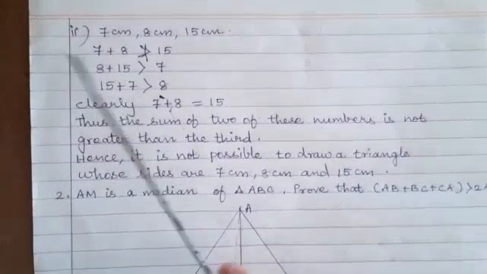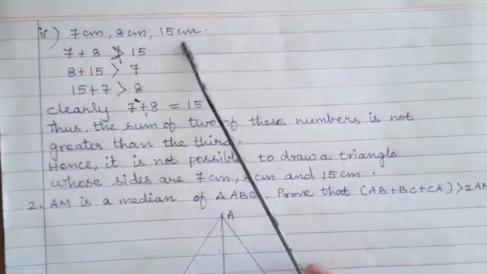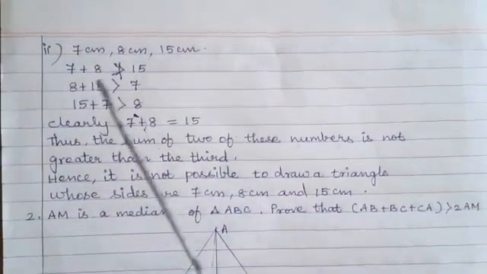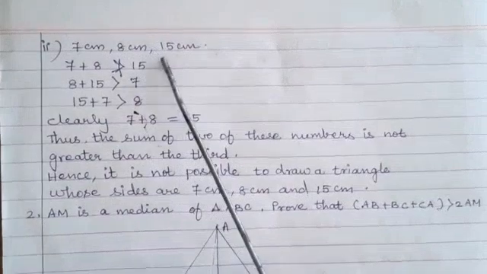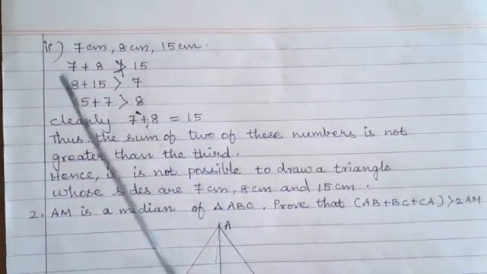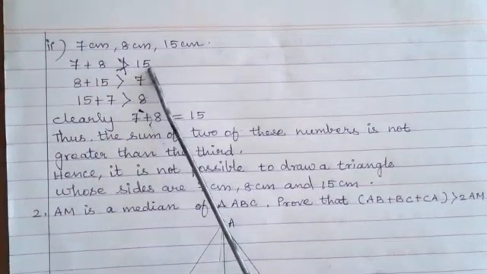Move on to the second question. See there, 7 centimeter, 8 centimeter, and 15 centimeter. Is it possible to construct a triangle or not? Now we will check using the triangle inequality: the sum of two sides is greater than the third side. So 7 plus 8 is not greater than the third side, that is 15 centimeter.